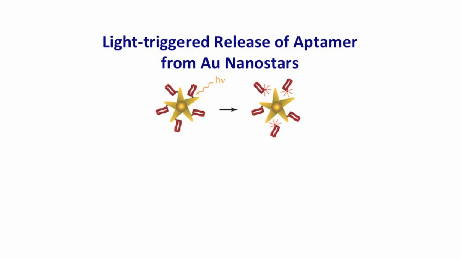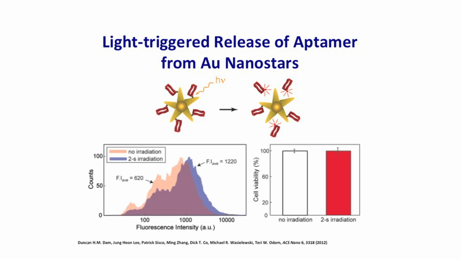So we break the gold-sulfur bond, which then releases the drug molecule from the surface. And so we did flow cytometry to make sure that we were actually releasing the dye-labeled drug molecule, as well as we assessed whether there was any adverse effects by shining light. And it turns out there is not. So 2 seconds is not very long.